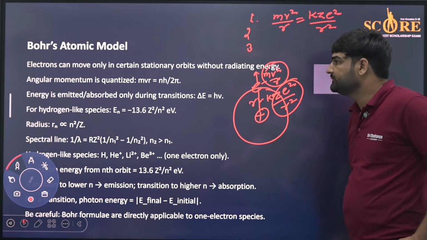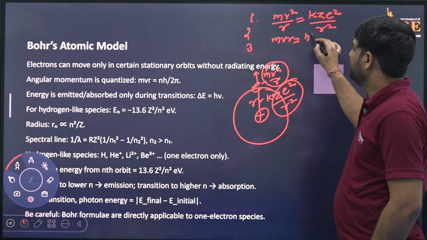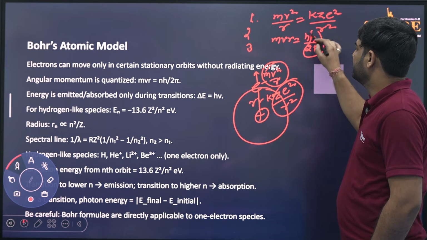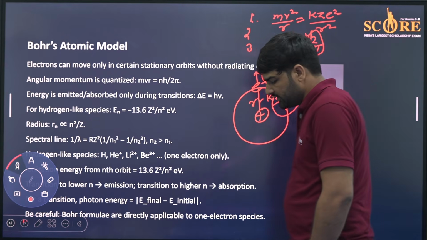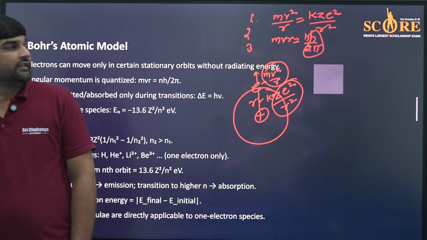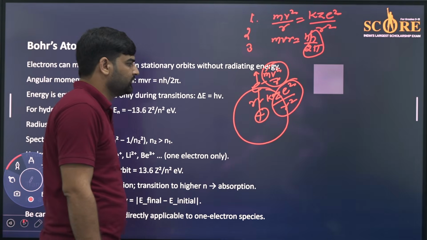Second, he told that angular momentum of an electron is an integral multiple of h upon 2 pi. Then he told that mvr equals nh upon 2 pi.